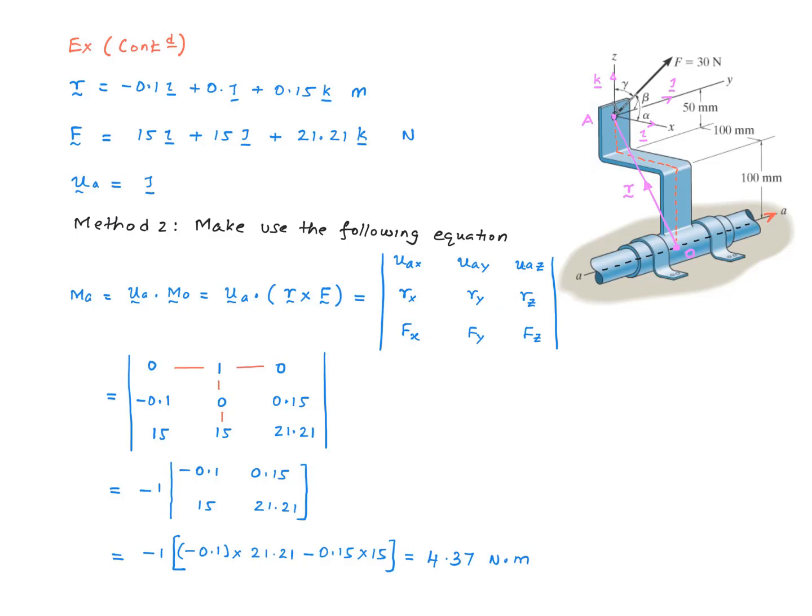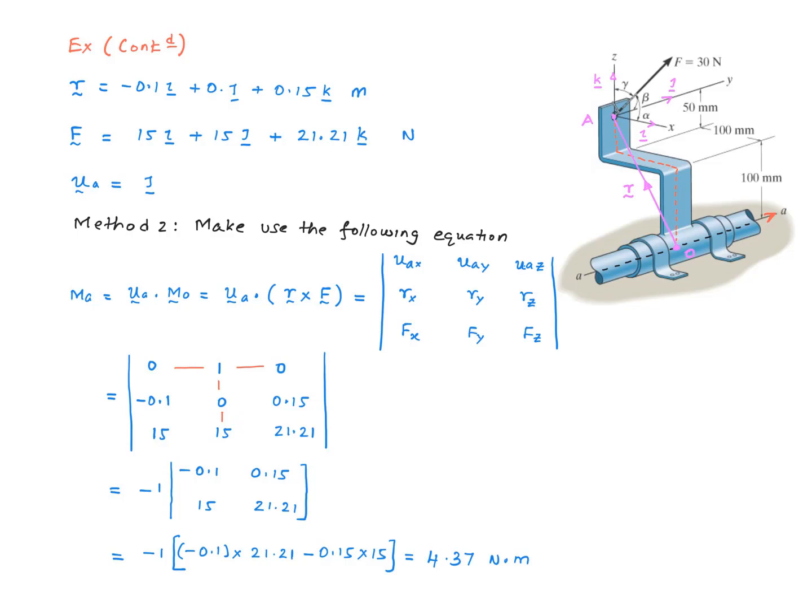And these two rows are basically the same as the ones that we had for the expression for the MO vector, right? So going from here to here, in general, we would have had 3 terms involving the 2 by 2 determinants, but this time we recognize that the first term is going to be 0 because we are multiplying the first term by 0 here, right? So 0 multiplied by whatever is left over here, and also the third term is going to be 0, and therefore the only term that we had to worry about here is the second term, right?